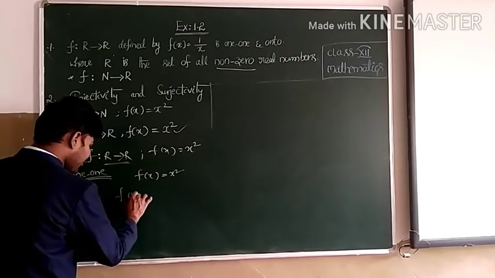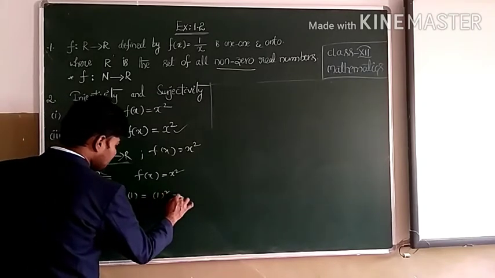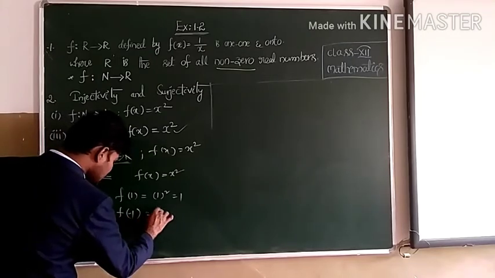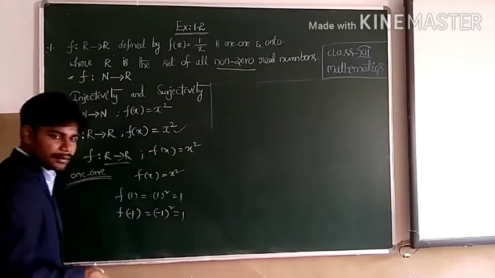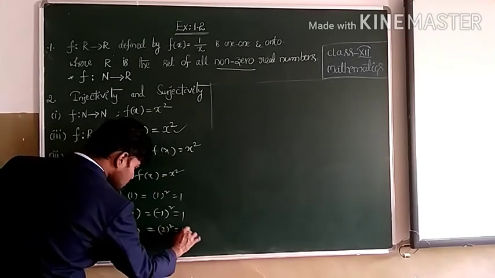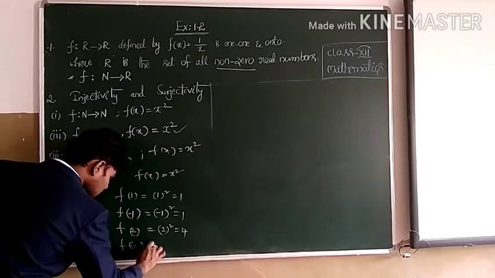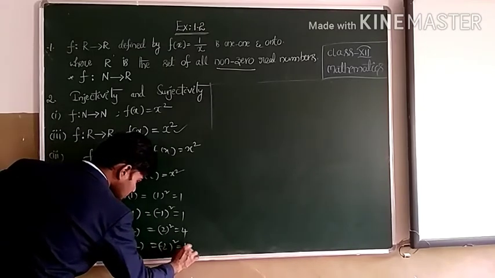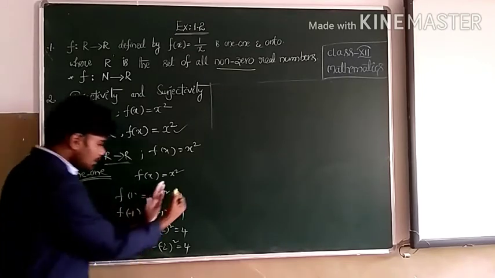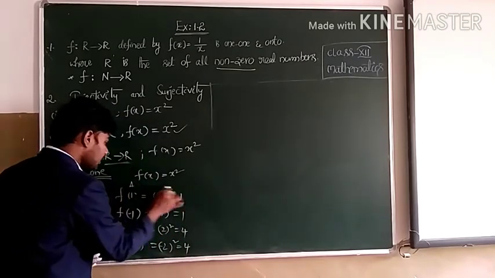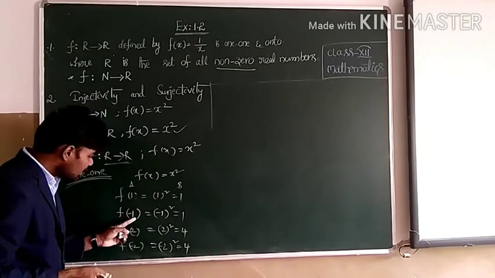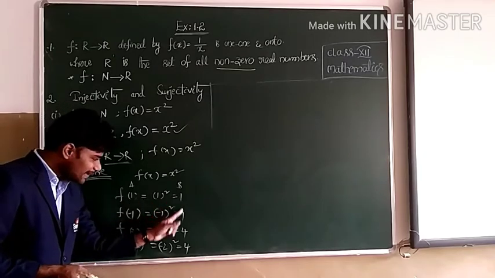First I consider f of 1, which is 1 whole square, so it is 1. f of minus 1 is minus 1 whole square, which is 1. f of 2 is 2 whole square, which is 4, and f of minus 2 is minus 2 whole square, which is 4. If you observe here, suppose these values are in set A and these values are in set B. We can clearly see that different elements in set A have the same image.